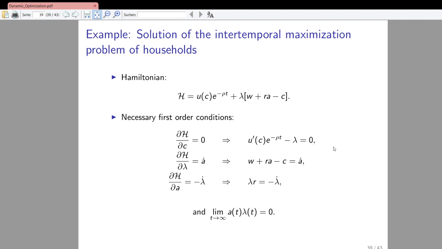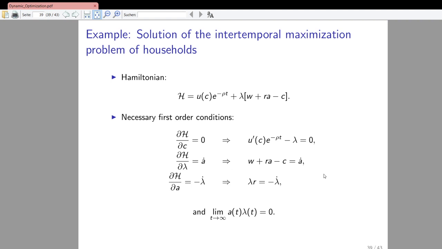So this is the first necessary first order condition. Then we take the derivative of the Hamiltonian with respect to the co-state variable, and what we get is basically the evolution of assets, namely the constraint w plus r a minus c. So we get the dynamic constraint from the second first order condition.